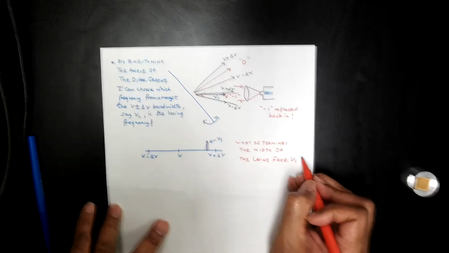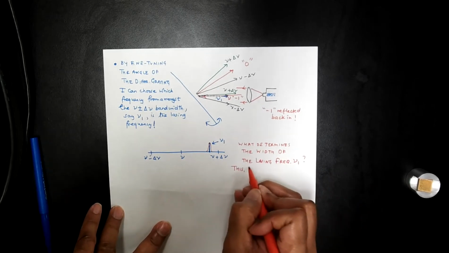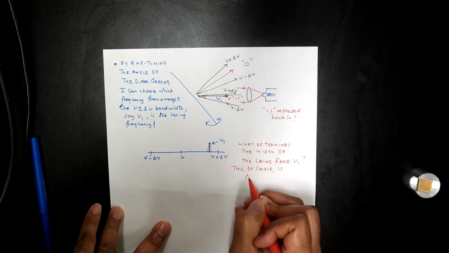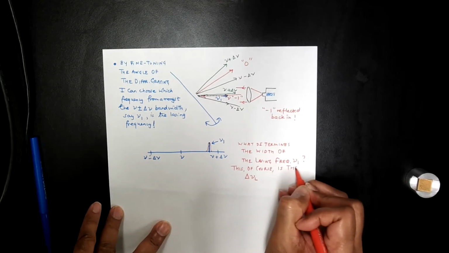This of course is the delta nu L, the ultimate laser line width.